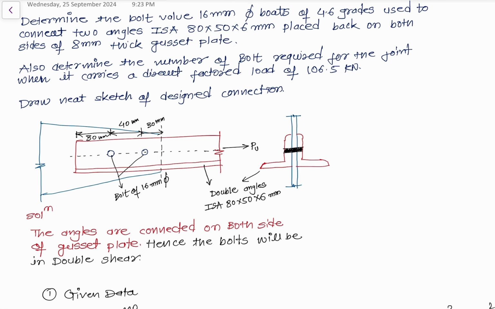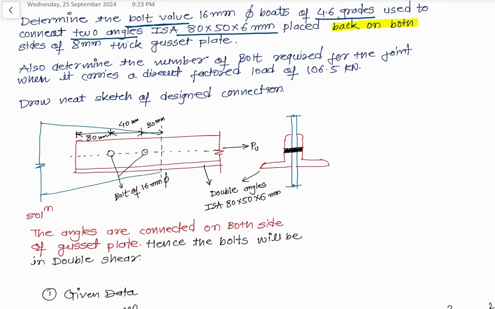The numerical is: determine the bolt value of 16 mm diameter bolts of 4.6 grade used to connect two angles ISA 80 by 50 by 6 mm, placed back to back on both sides. This is a very important sentence.